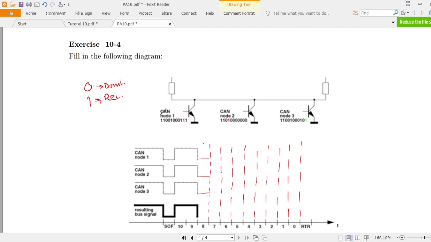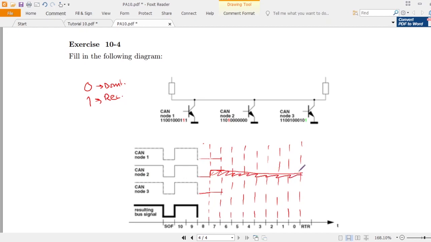Okay, node 1 is 0, again node 1 is still 0, right? Node 2 is 1 now. Node 3 is 0. So 1 1 and 0. Node 2 lost the arbitration and it is out until this round is finished.